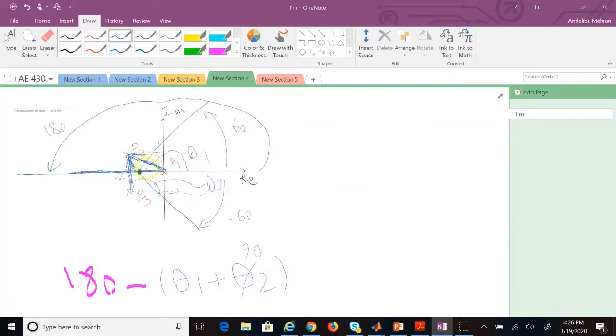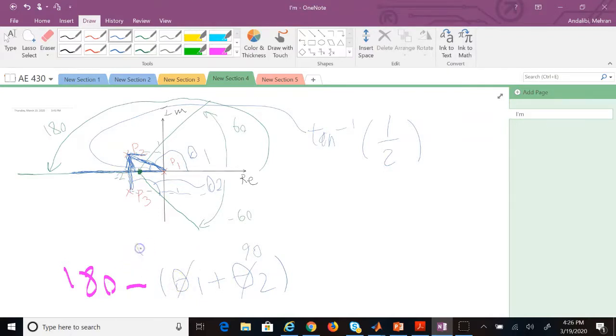So if I calculate this angle instead, this angle is tangent inverse of what? It's tangent inverse of 1/2 because the real part is 1 and the imaginary part is 1, the real part is 2, right? So theta 1 is what?